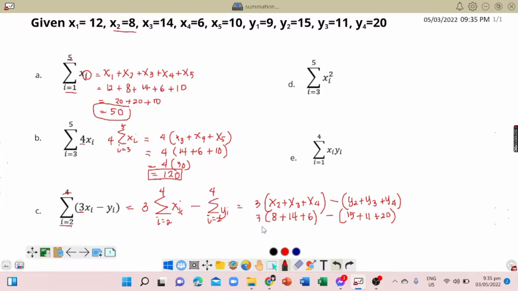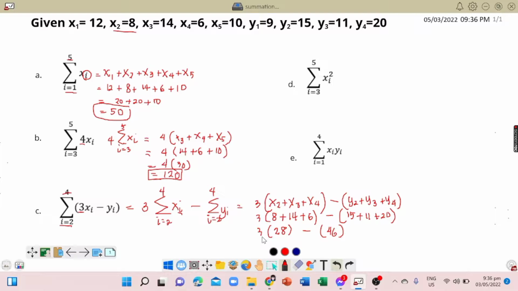Okay. So, we are going to use PEMDAS. That means we are going to solve the values inside the parentheses first. So, 3 times 8 plus 14 plus 6, we have 28. So minus 15 plus 11 plus 20 is 46.